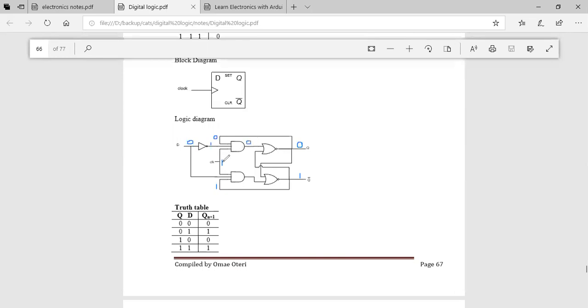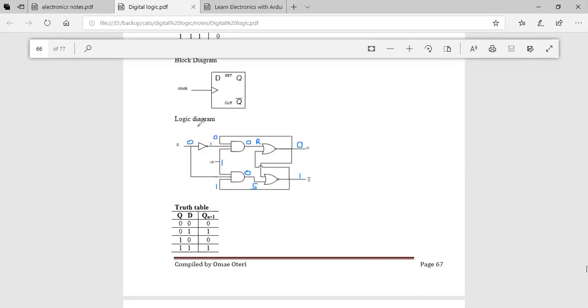That's correct. 1, 0, 1. What do you expect here? 0, that's correct. Remember, these are R and this is S. R is 0, S is 0. What did we say is supposed to be the output? No change. We already have a 0, it remains 0.